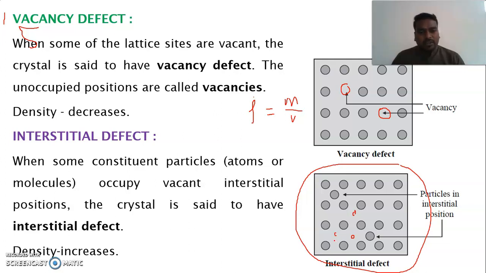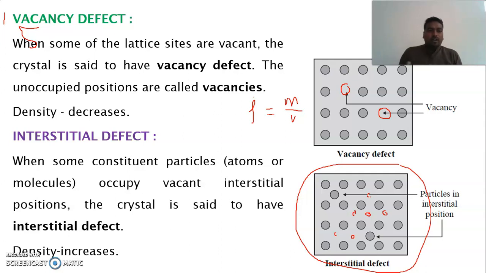Okay, so during the defect what happened? Some atoms, instead of their original position, occupy the interstitial region. They come here and occupy the interstitial positions. So this defect is called interstitial defect. In this defect, density increases.